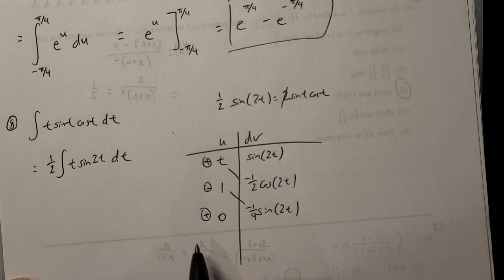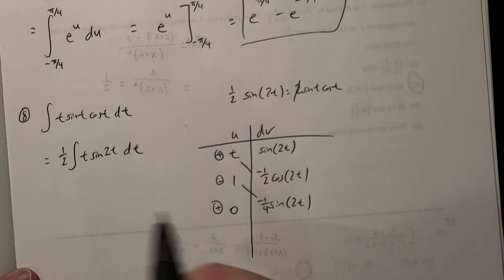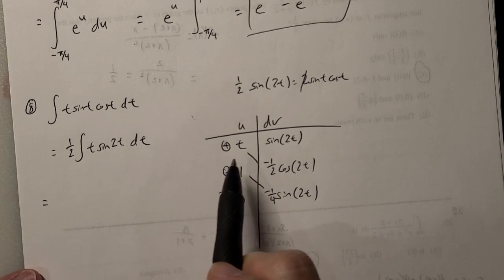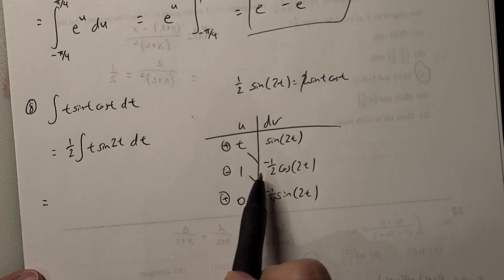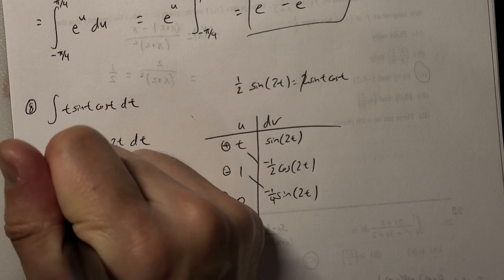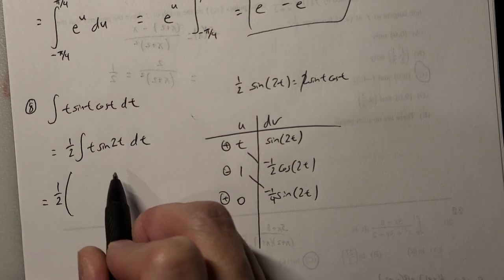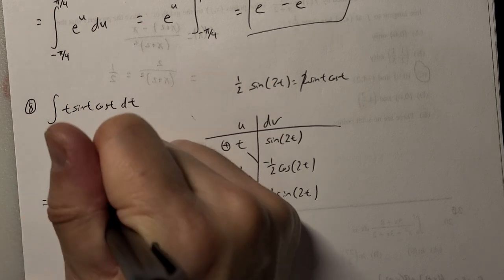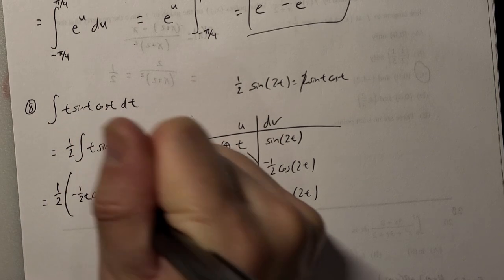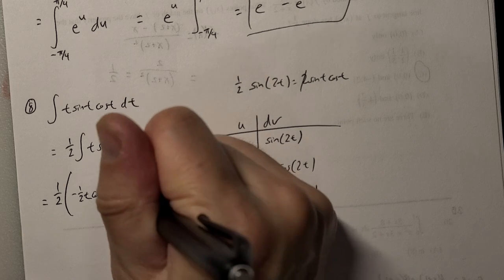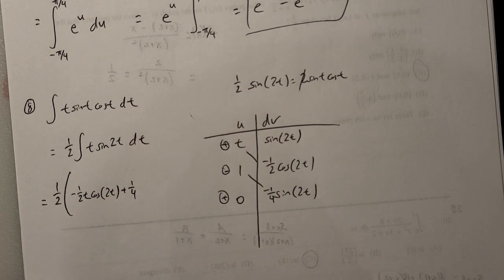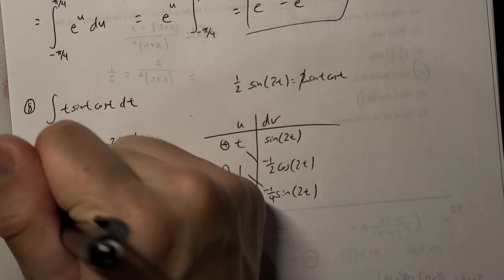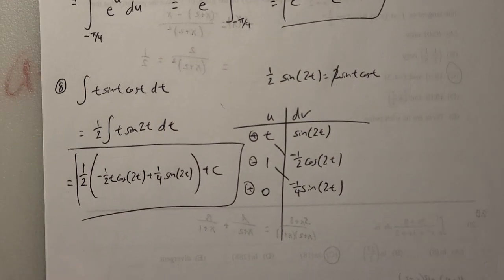We're starting from plus, and we alternate. So we multiply them together and add each diagonal. Don't forget this half over here. We get half times, minus half t cosine of 2t, and then plus 1/4 sine of 2t plus c, and this should be your answer.